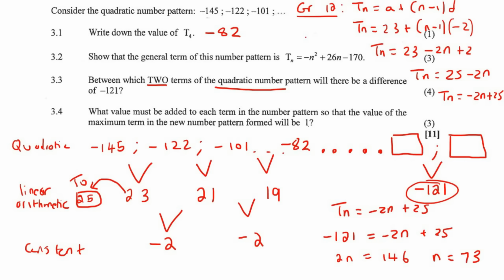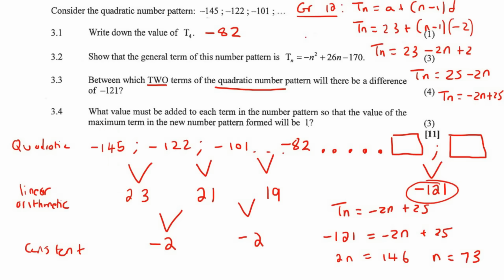Now, some students say, okay, Kevin, so what does that mean? Are we going to choose term 75 and 76, or 72 and 73, or 74 and 75 in this pattern over here? It's very easy. Have a look here. Term 1 in the quadratic goes diagonal towards term 1 in the linear pattern.